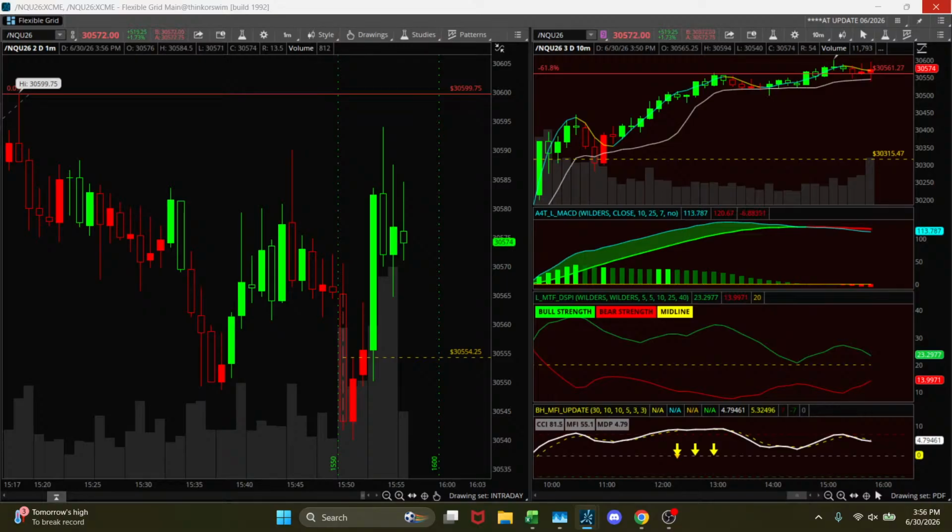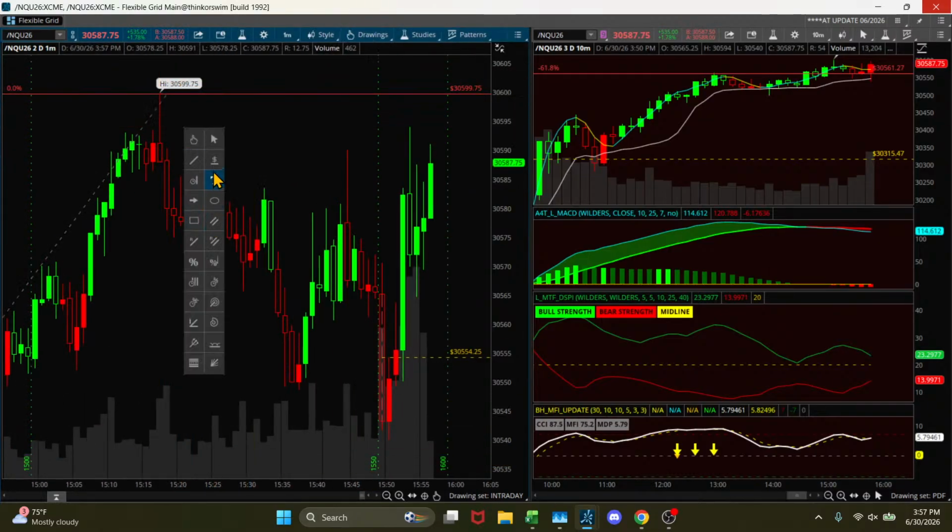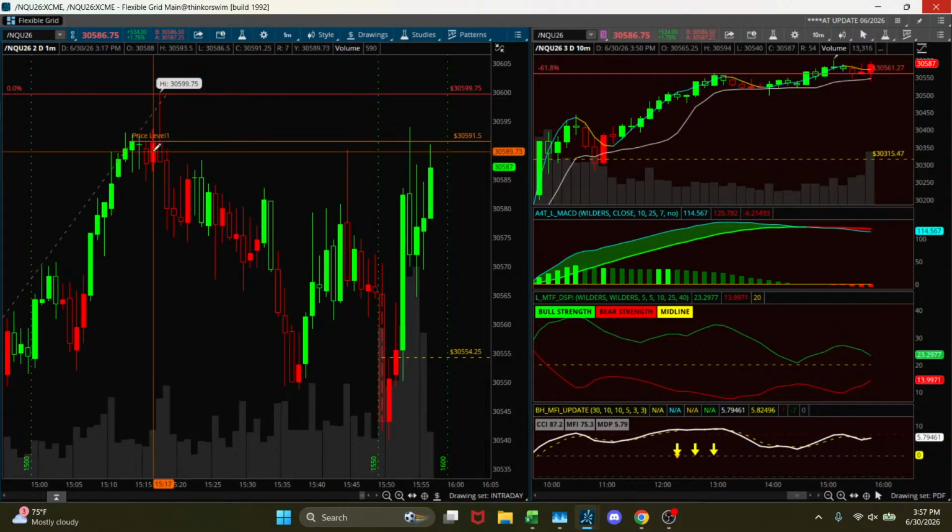So there's some decent volatility here, but the sellers push it down, buyers push it up, sellers push it down. Need to clear this area here.